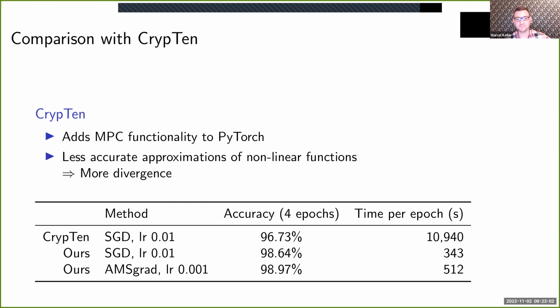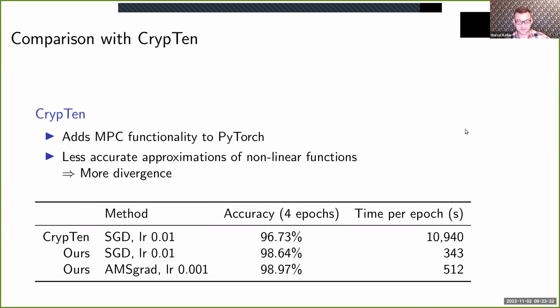They add MPC functionality to PyTorch. But I think the issue there is they have less accurate approximation of nonlinear functions, most notably the exponential that is used for softmax. As a result, you can see that the accuracy is lower than our implementation.